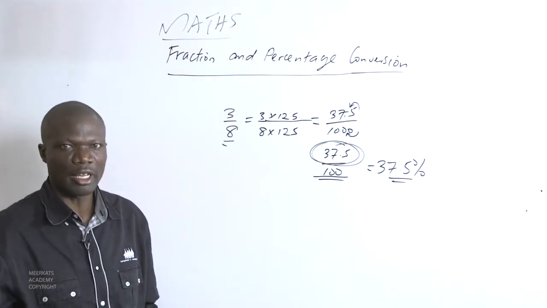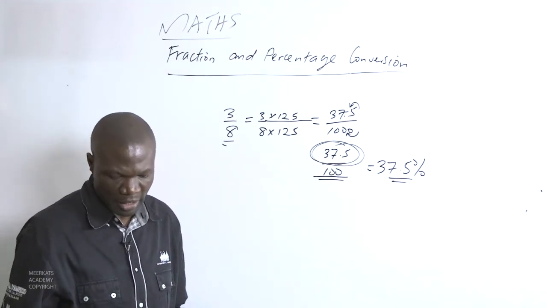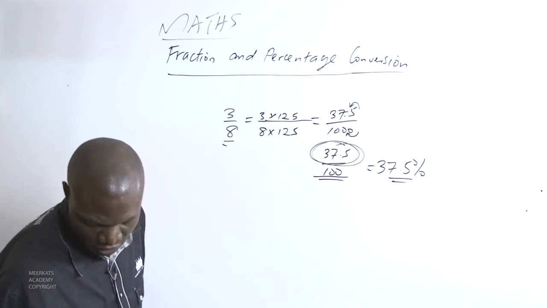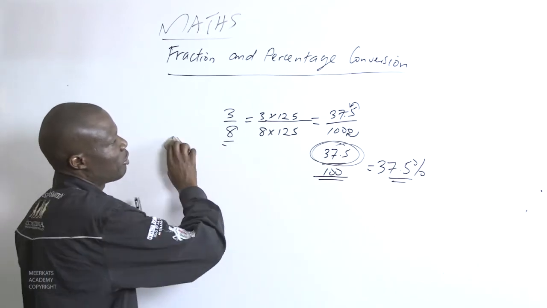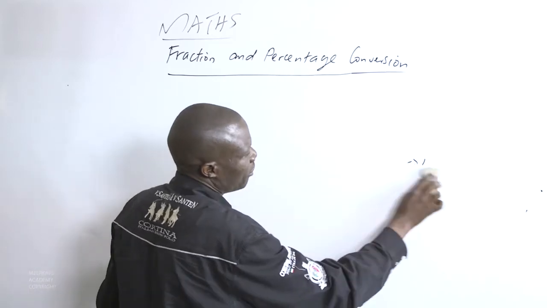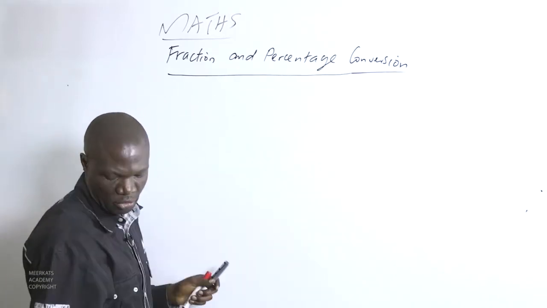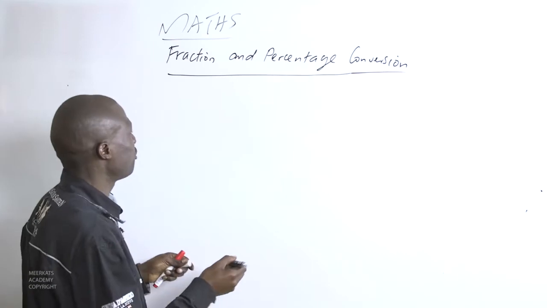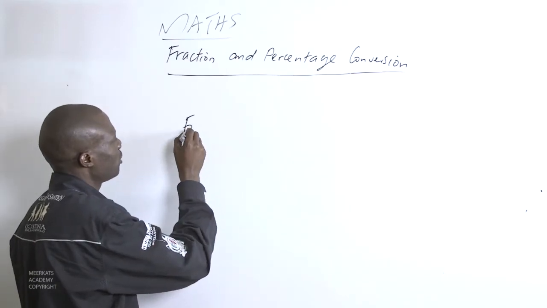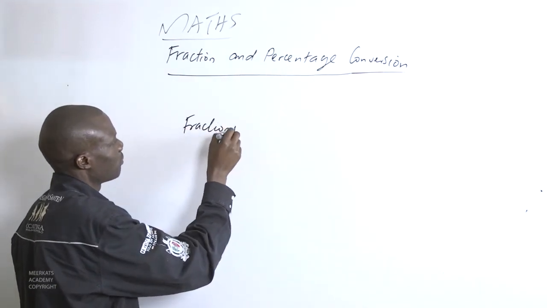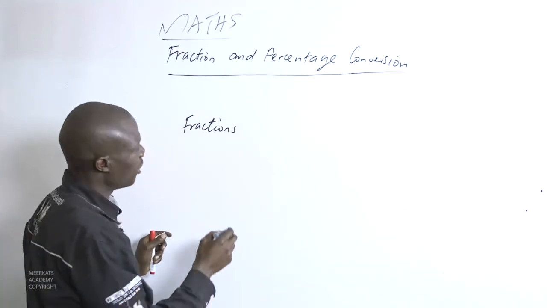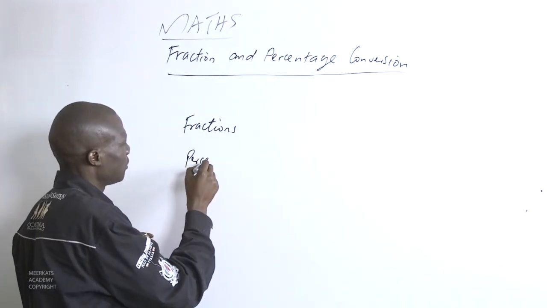Now let us look at the common percentages and their equivalent fractions. These are just common ones. You meet them every day. You don't need to struggle when you want to convert some. So we shall have two rows. We have fractions and we have percentages.